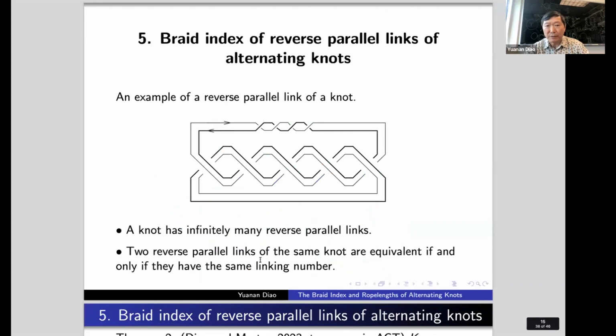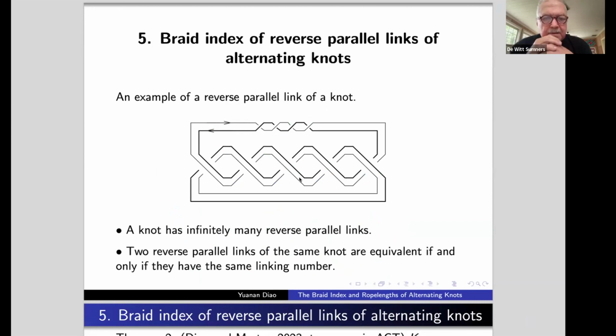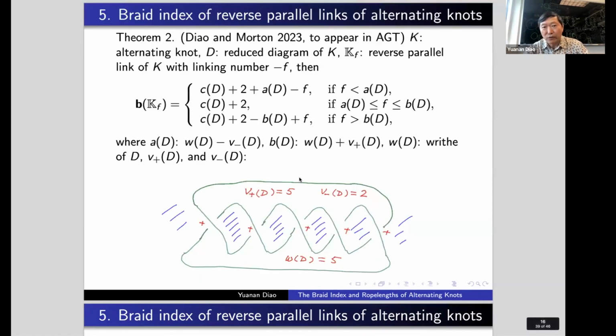This is just one of them. But if you have two of them that have the same linking number, then they are equivalent, and the braid index would be the same, right? So in the formula, you can see it basically only depends on their linking number.